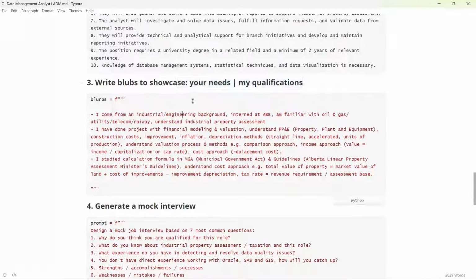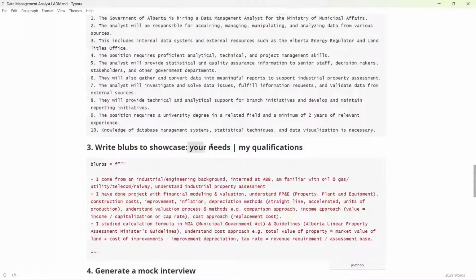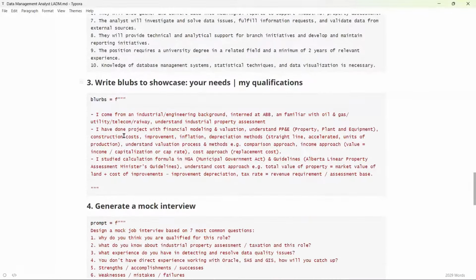To show employers that you're a good fit, you want to talk about their needs and your qualifications side by side. So when people look at it, it's a good match: your needs and my qualifications, I have exactly what you are looking for. I have everything you look for. So you put this within the blurbs.